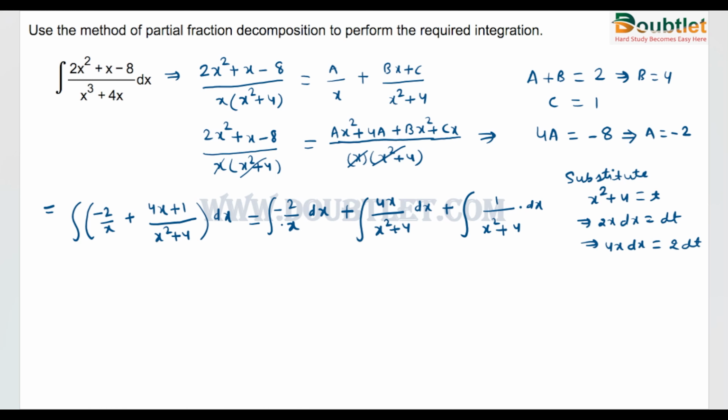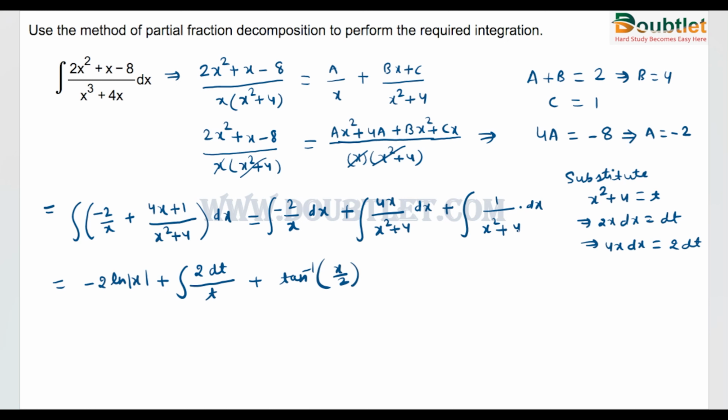The integration with a linear denominator gives minus 2 ln mod x, and we can write this integration as 2 dt divided by t, plus the formula for tan inverse of x divided by 2, because 4 can be written as 2 square.